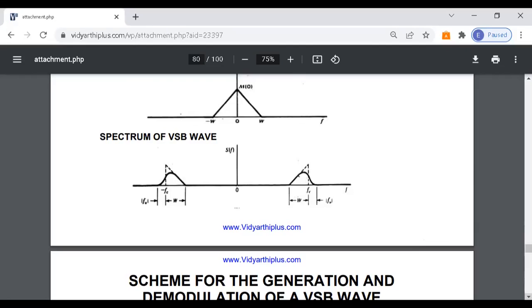We have to restrain it. So we have to fit it on top of the carrier signal in our modulation process.